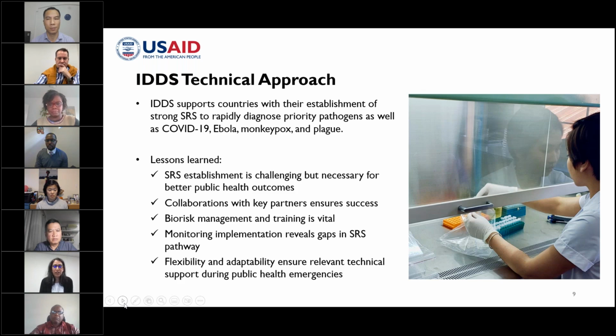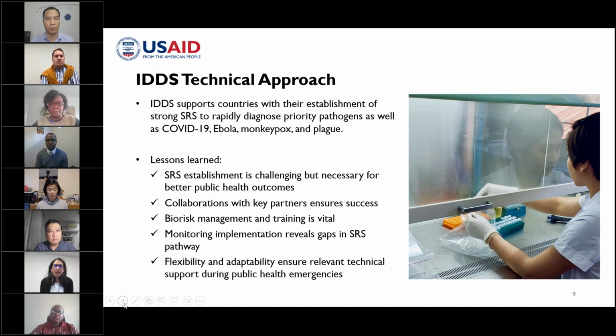We heavily rely on our incredible country teams to identify the best mechanisms to build the referral system on and to identify the regions where we would have the most impact. Then, depending on the needs of each country, IDDS country teams train drivers and specimen collectors on biosafety protocols. We provide essential supplies and reagents and equipment, monitor successes and gaps of the system itself, and then monitor overall impact.